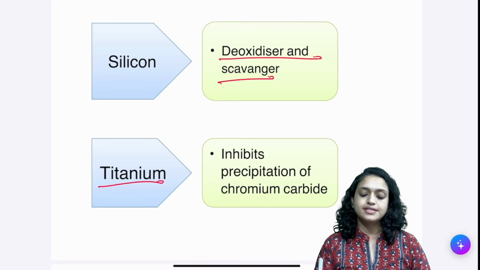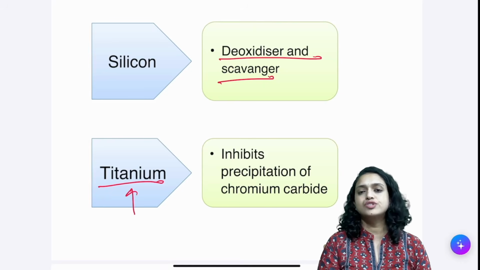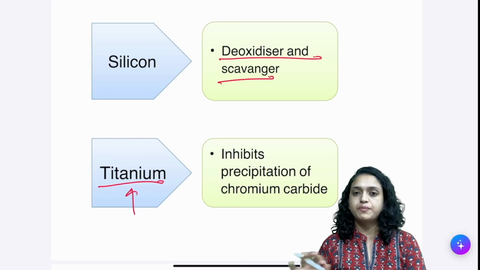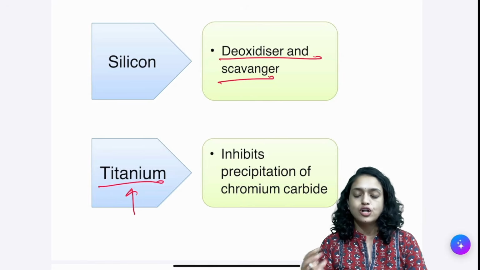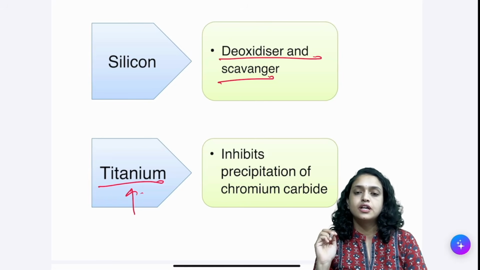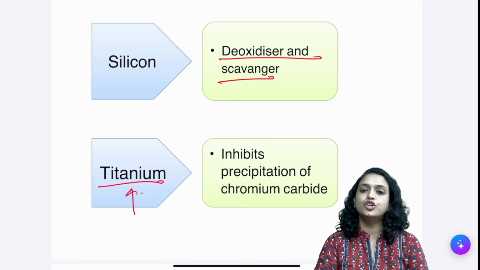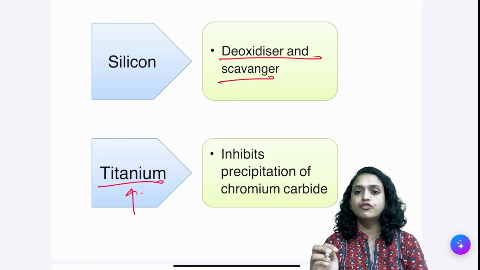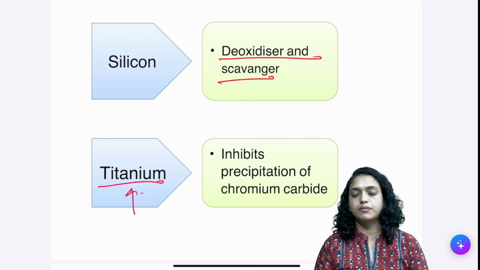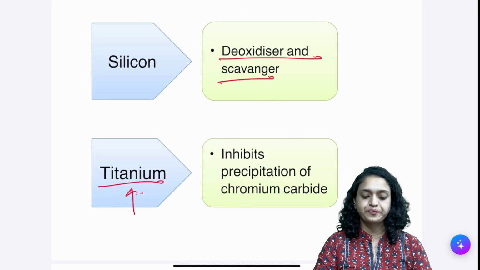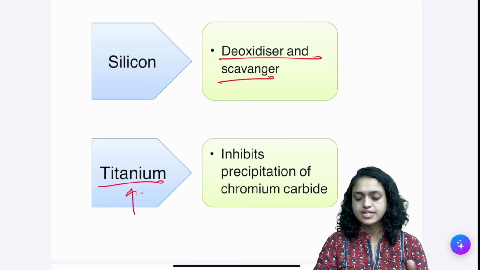So they reduced the amount of carbon generally present in stainless steel to prevent the formation of chromium carbide. Also, titanium is added to prevent the precipitation of chromium carbide, so that the corrosion resistance of the stainless steel is not reduced by depletion of the chromium. We'll get into this process a little later.